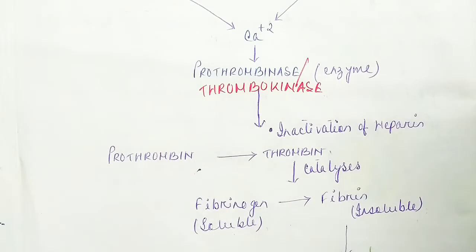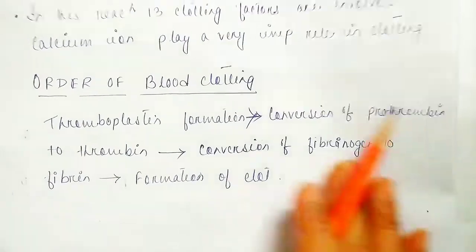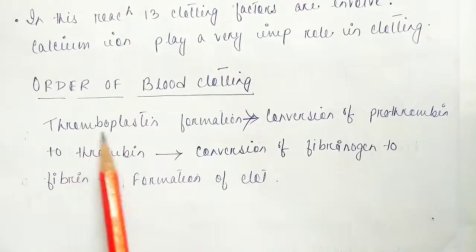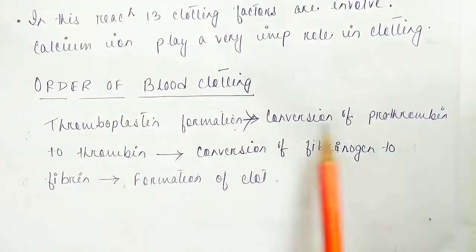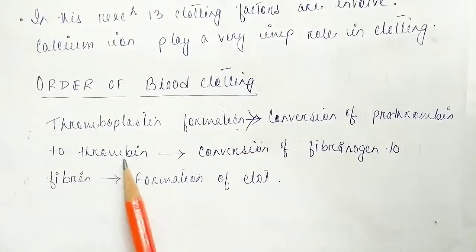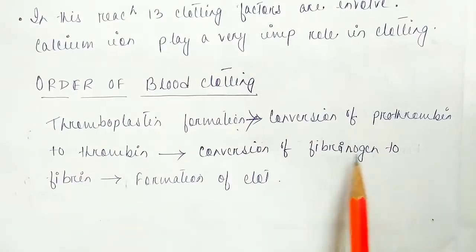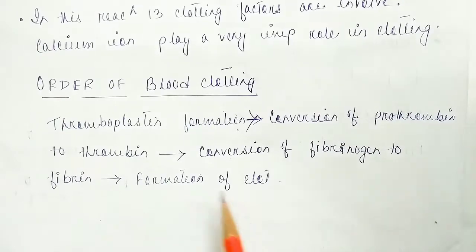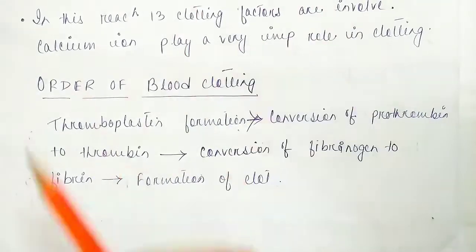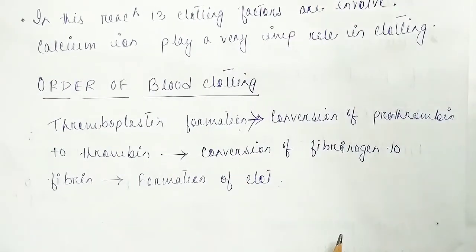In the whole process of blood clotting, a total of 13 factors are involved, and calcium plays an important role. The order of blood clotting we can write simply like this: thromboplastin formation, then conversion of prothrombin to thrombin, then conversion of fibrinogen to fibrin, then formation of clot. So this is the process of blood clotting.